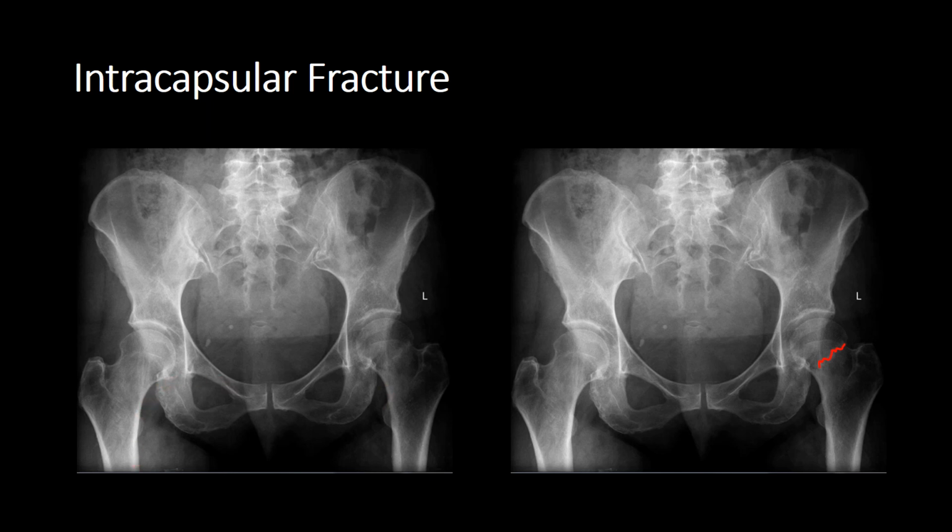And so this is why you have to pay particular attention to not only all the cortices and draw in all your lines and look at all your joint spaces, but you do have to consider the trabecular pattern. If you look at the normal trabecular pattern on the right, we can see that the trabeculae haven't been interrupted and there's therefore no impaction.